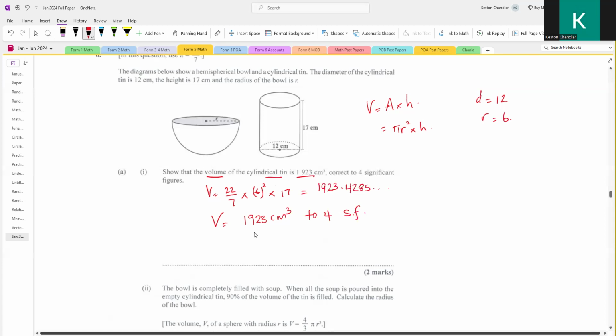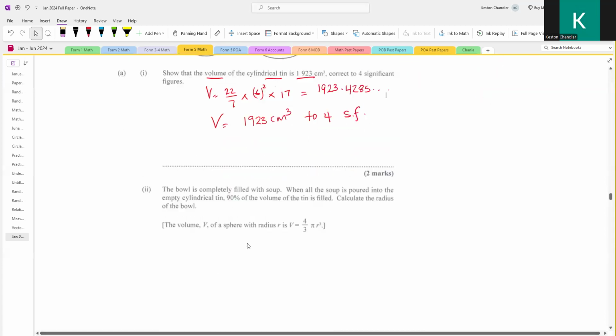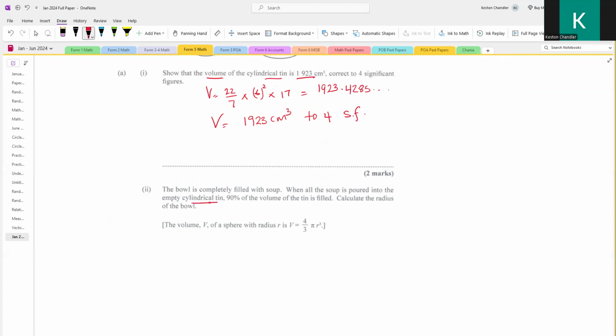The bowl is completely filled with soup. When all the soup is poured into the empty cylindrical container, it covers 90% of the volume of the tin. Now, when you read things like this, what is 90% of the volume? We just said that the volume is 1923 to 4 significant figures.